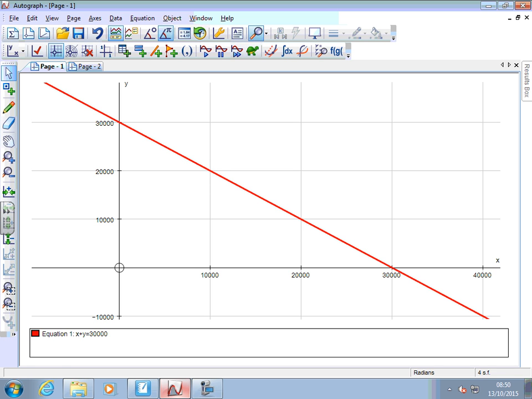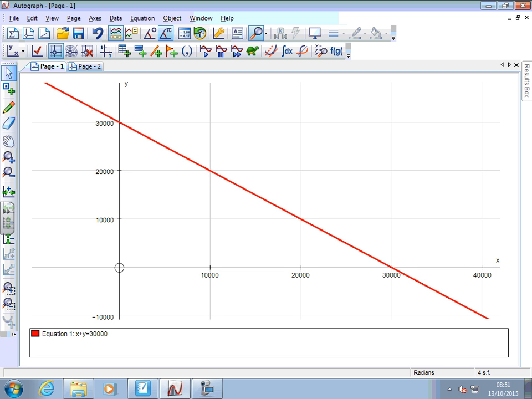But this is in between. And if we look at, say, this point here, then she's invested £20,000 at 5% and £10,000 at 8%. And so add 20,000 and 10,000 and you get 30,000. Same all the way along. I could pick anywhere along this and add the x value and the y value, and I'll have 30,000.